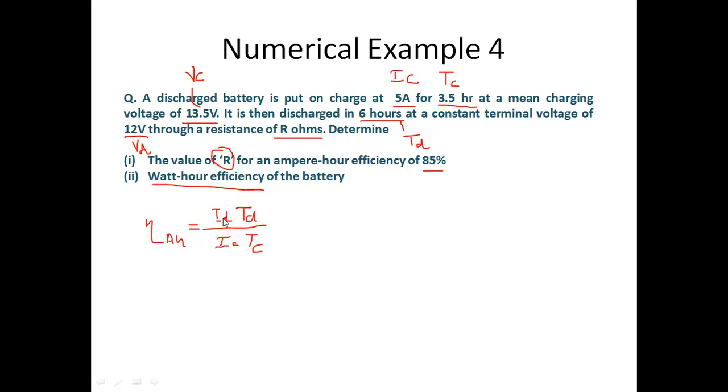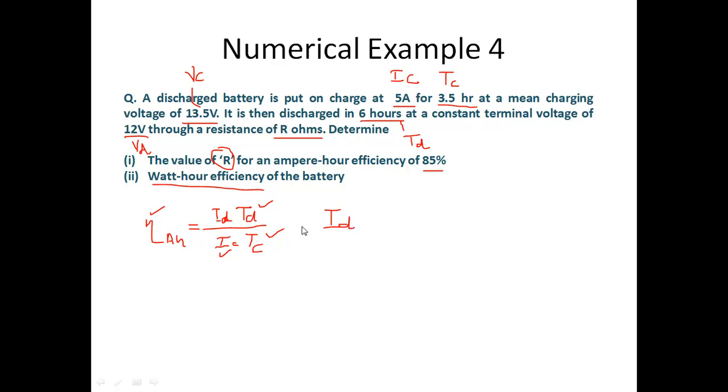All the data has been given. We are required to find out the discharge current. Eta AH has been given as 85, the discharge time has been given as 6 hours, the charging time has been given as 3.5 hours, and the charging current has been given as 5 ampere. So all we are required to calculate initially is ID.